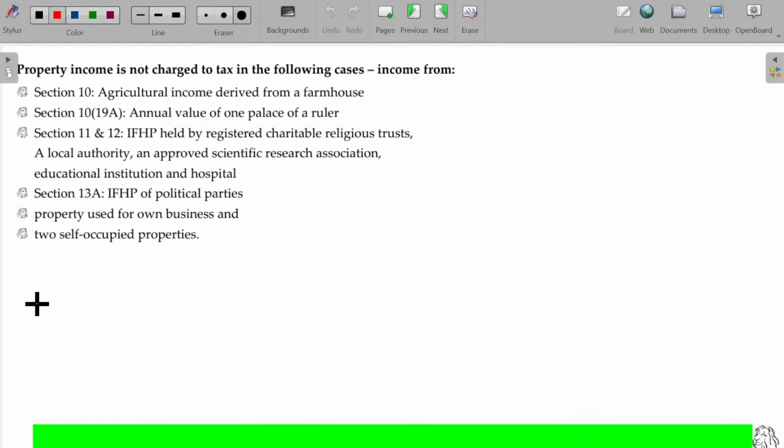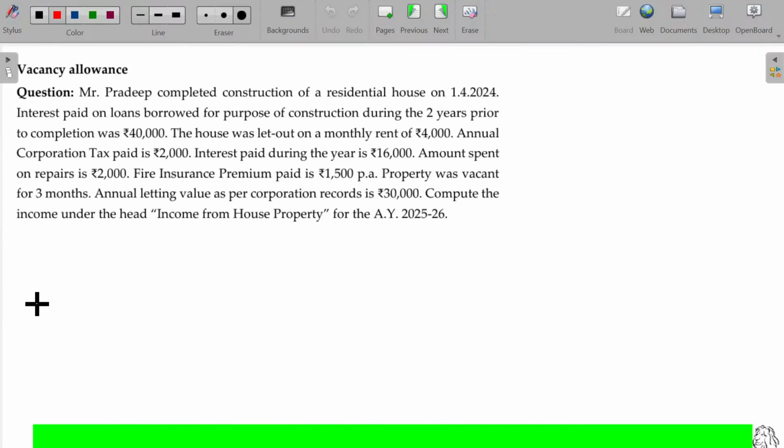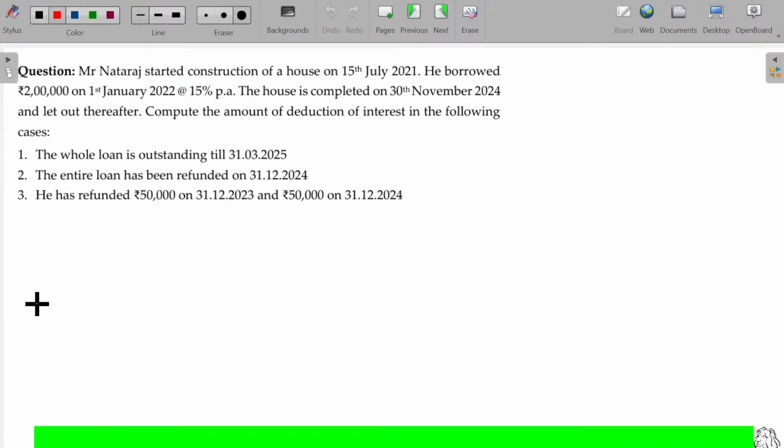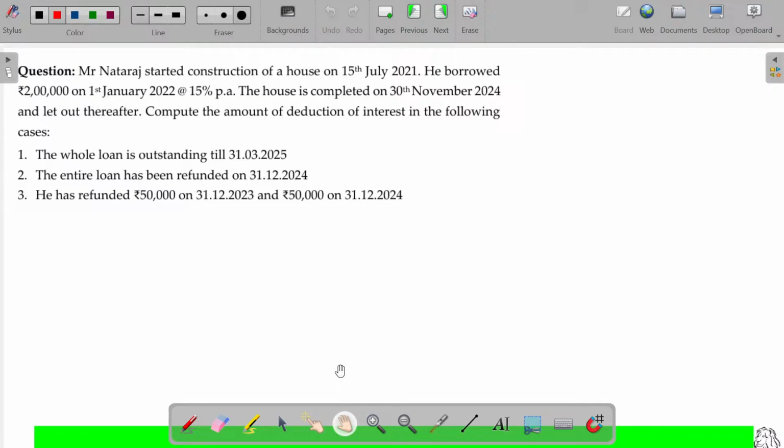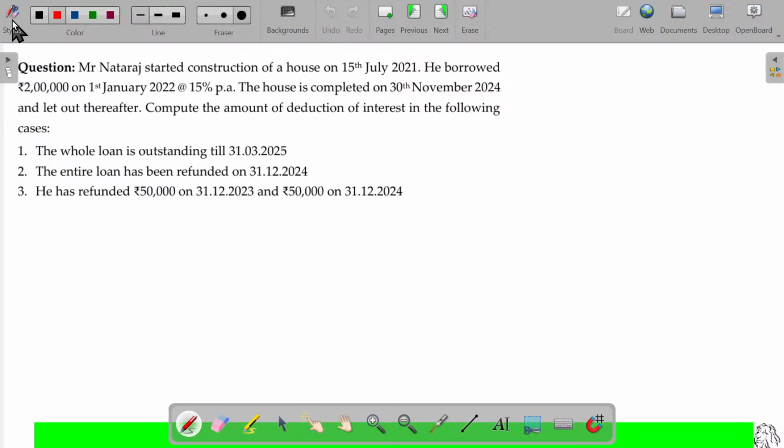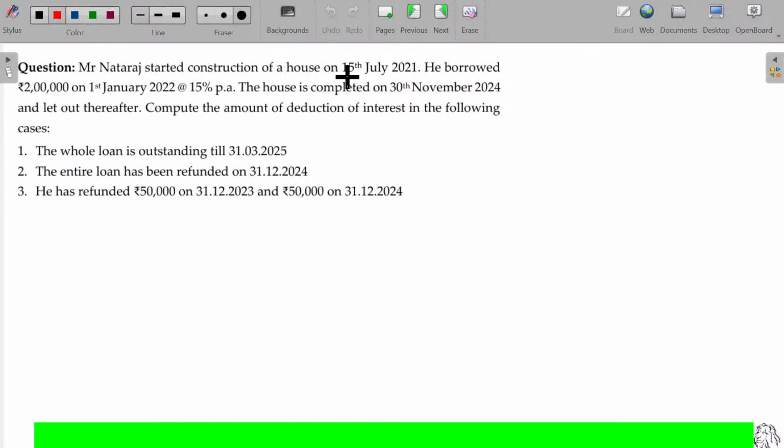Let's now solve this illustration. Mr. Nadraj started construction of a house on 15th July 2021. He borrowed rupees 2 lakhs on 1st January 2022.